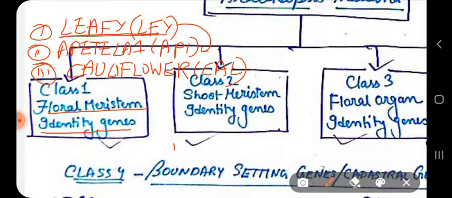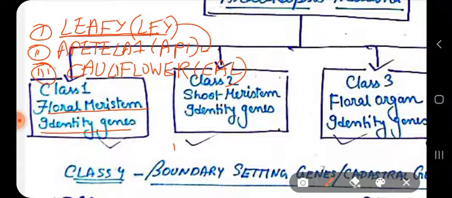So this much you have to remember: the leafy gene activates the Apitella 1 gene, and if the leafy gene gets mutated, then instead of flower development we are going to see the structure of a leaf. The cauliflower gene is expressed in early stages of flower development. So these are the genes which fall under the category of class 1 floral meristem identity genes.